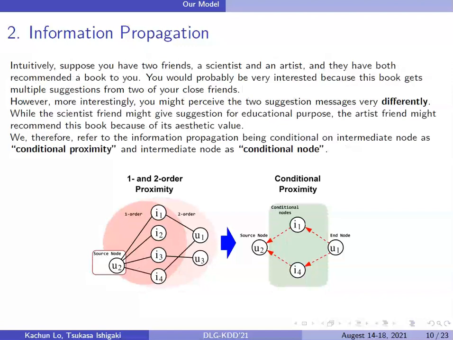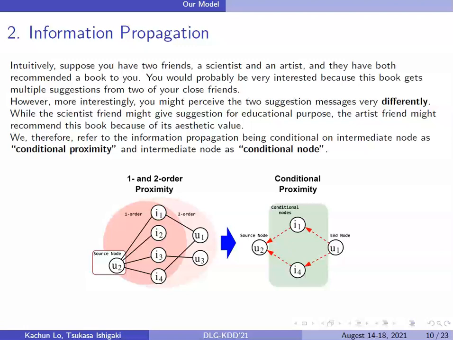Intuitively, let's say you have two friends, a scientist and an artist, and they both recommended a book to you. Well, you'll probably be very interested because the book gets multiple suggestions from two of your very close direct friends. However, more interestingly, you might perceive the two suggestion messages very differently.